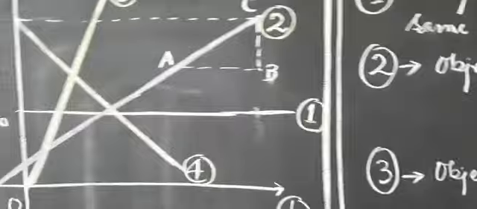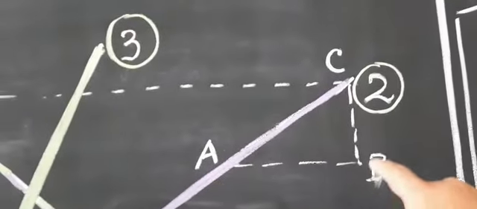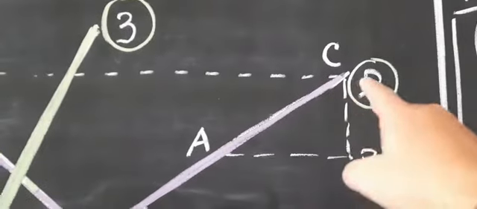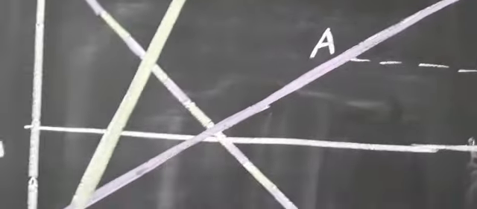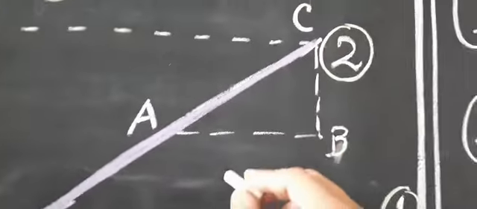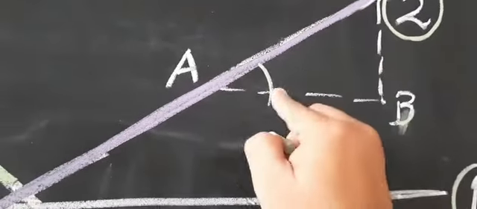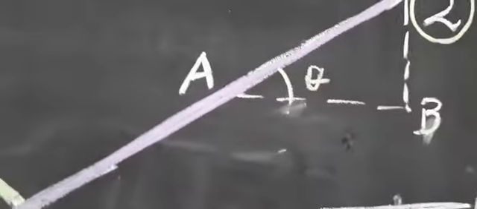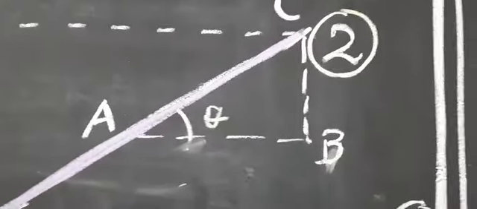In this particular graph, I have taken one small right angle triangle. You can take one here also, no problem. This right angle triangle ABC gives the slope, theta. If you find tan theta, that is the slope.